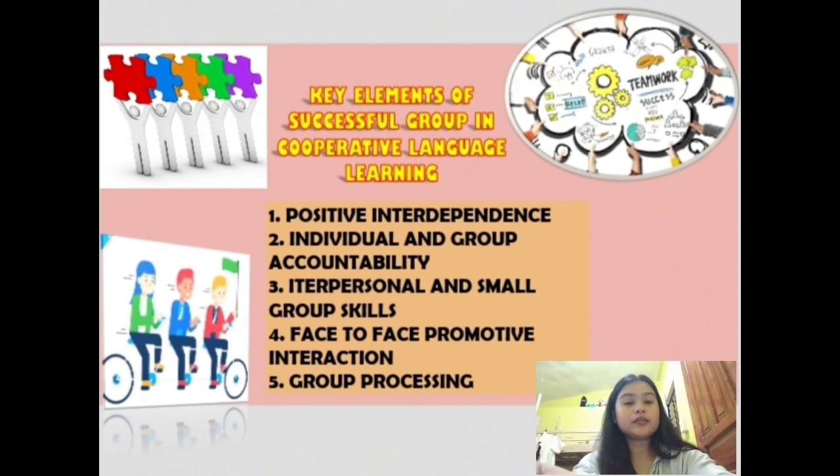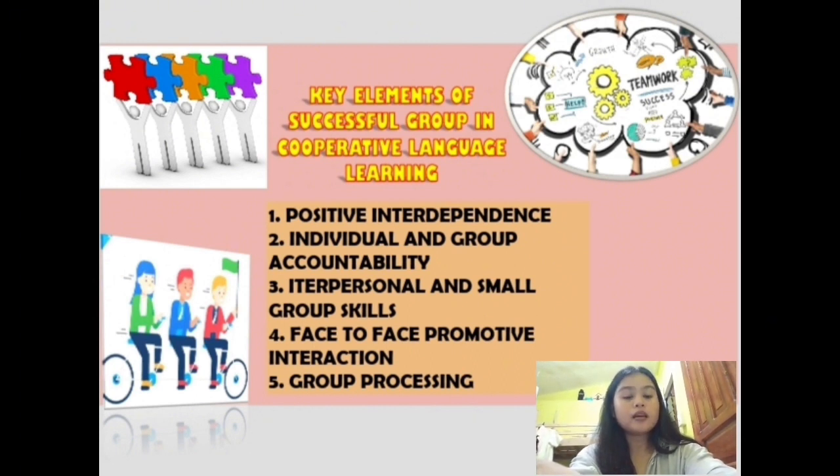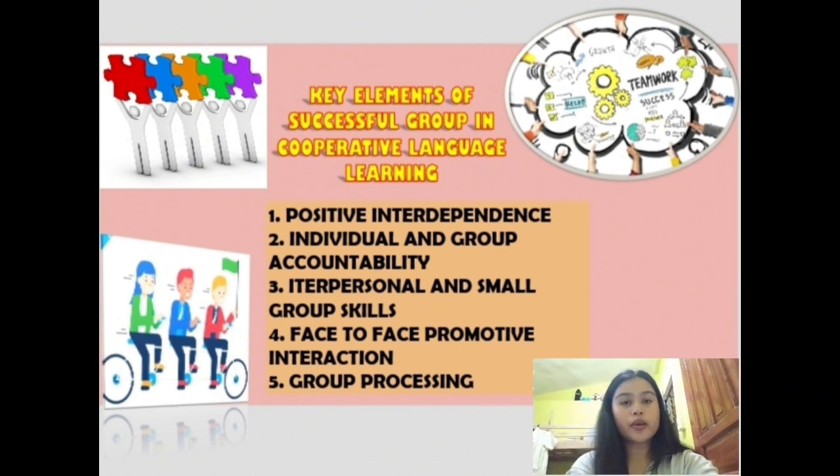We have five key elements of successful group and cooperative language learning: positive interdependence, individual and group accountability, interpersonal and small group skills, face-to-face promotive interaction, and group processing. First, we have positive interdependence.